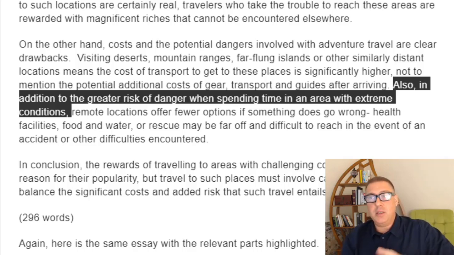The question has mentioned the Sahara Desert and the Antarctic. I've mentioned deserts, mountain ranges, far-flung islands, distant locations. It's very clear that we're talking about places that have an increased level of danger, and anybody who thinks about this would recognize that. So you don't necessarily have to go into a really in-depth explanation of every single aspect of the idea, as long as it's clear.